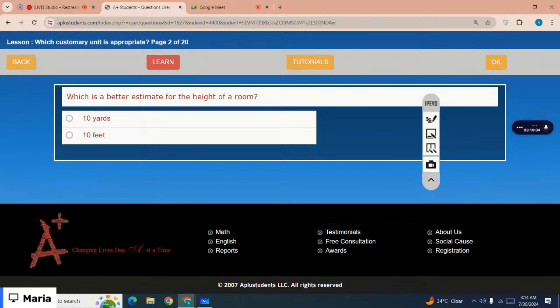That is the height of the room. Yes, the correct option is 10 feet, because 10 yards is too much for the height of a room.